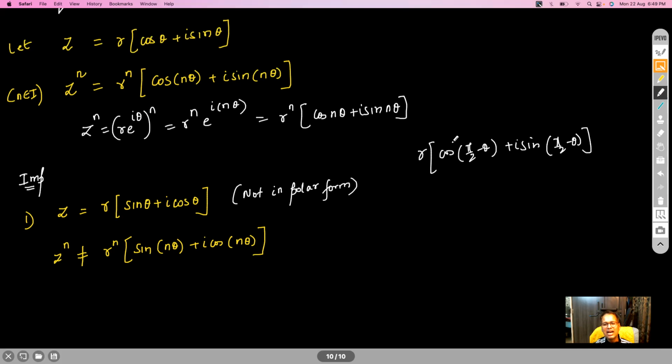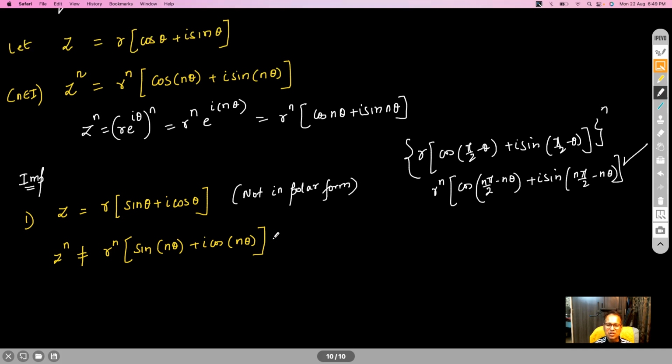And then apply the power of n. In that case, it will become r to the power n cos of n times this, so it is n pi by 2 minus n theta, plus i sin(n pi by 2 minus n theta). Okay, this is fine, but this is not fine. Yes, Raj, exactly. That is what I was discussing.